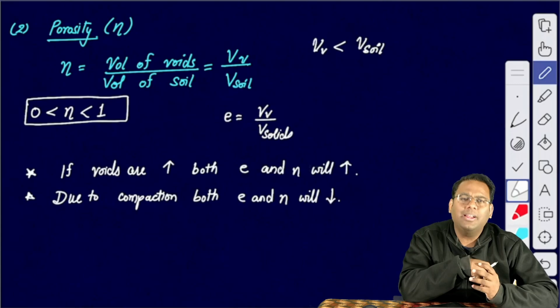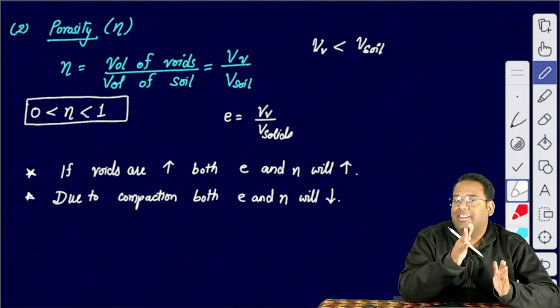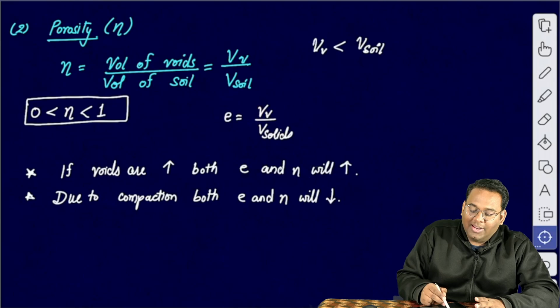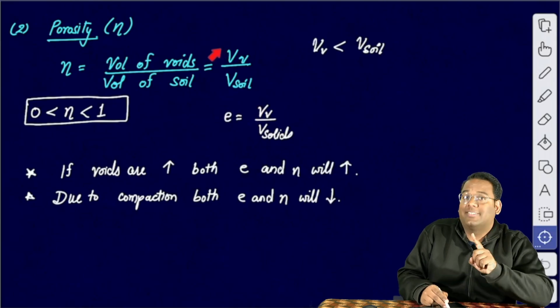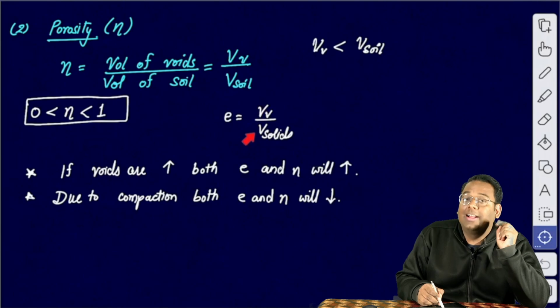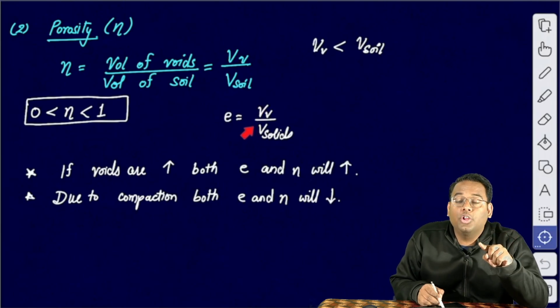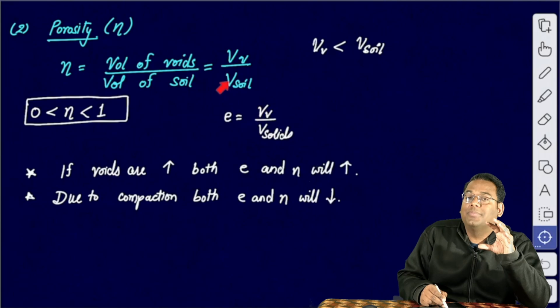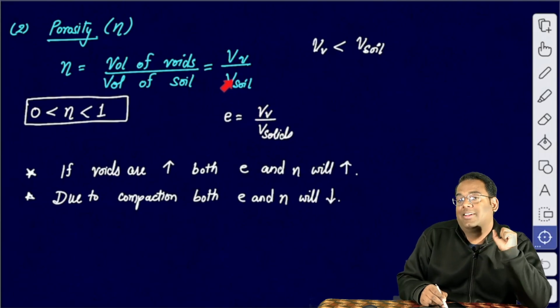Can you relate them? Yes, you can relate them. See, in both the terms, the numerator is the same, that is volume of voids. But if we compare both of these, in the void ratio the denominator is volume of solids, whereas in porosity the volume of soil is in the denominator.